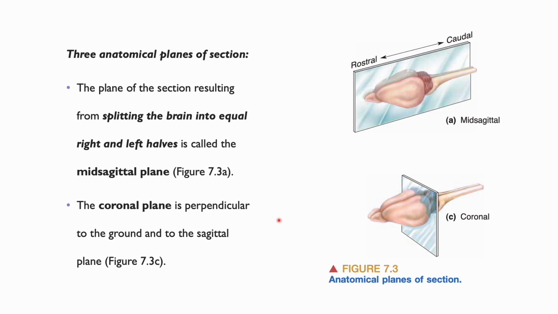Second, you could cut the brain in a different way in which both hemispheres would be in the section. This is known as a coronal cut. It's cut perpendicularly to the ground, and I think an easy way to remember this is that a coronal section is like a crown. It's going to provide us a section with both hemispheres.